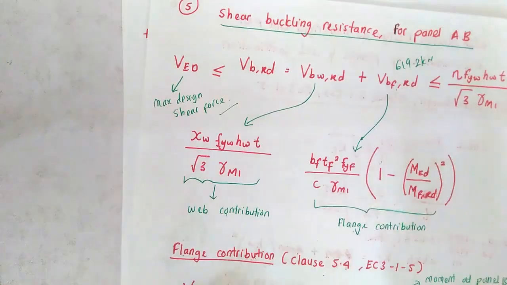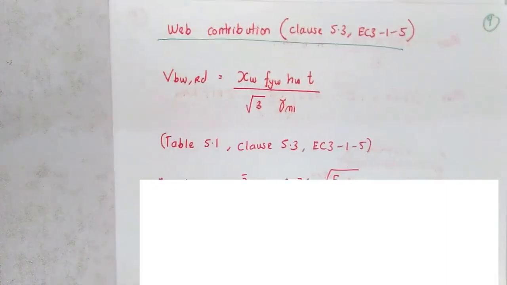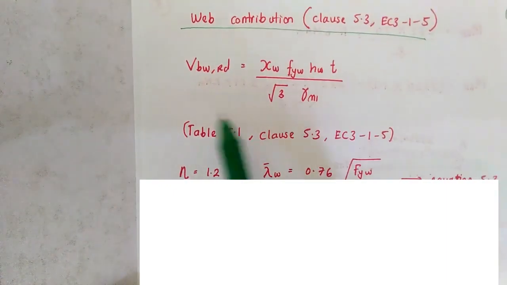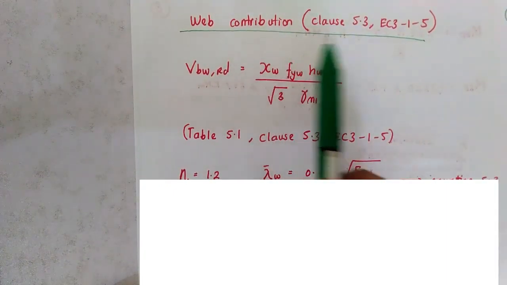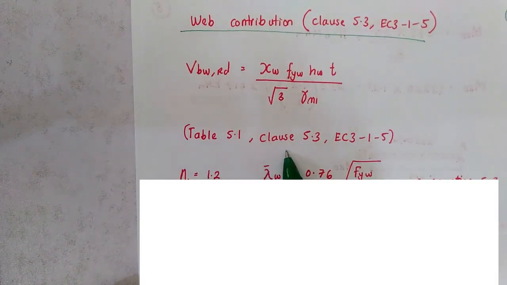Okay, web contributions. To find the web contribution, this is the equation where you can refer to clause 5.3 and table 5.1, clause 5.3 EC3 part 1.5.